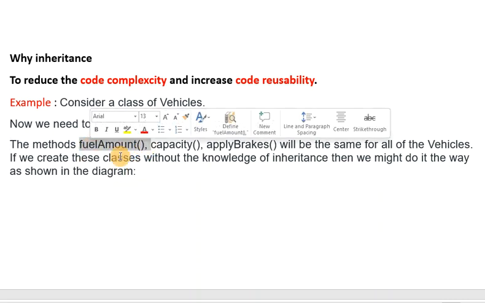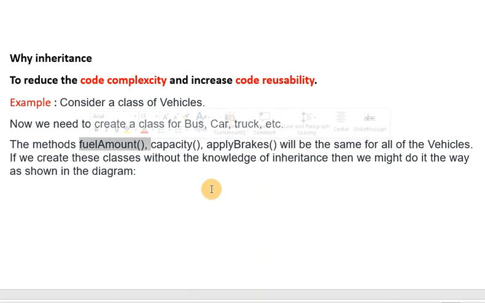Obviously vehicles, bus, car, and truck are going to have some amount of fuel, and they have their own capacity. We can't compare because the capacity of a truck is obviously greater than the bus and car. So though they all have different capacities, they all have a capacity.